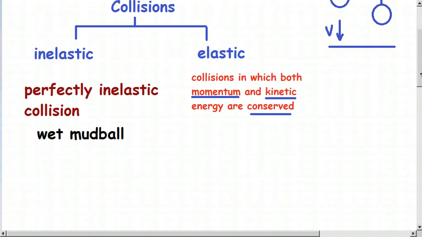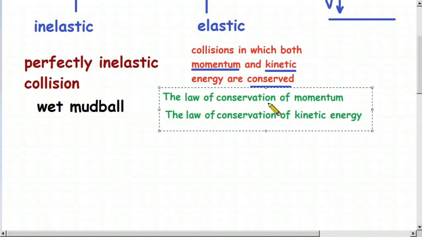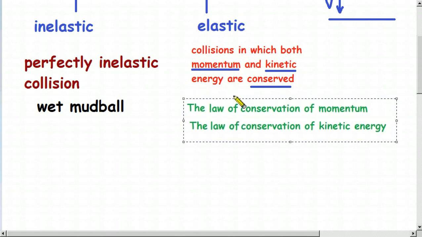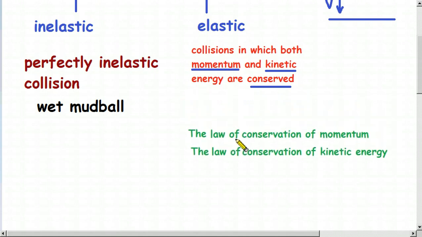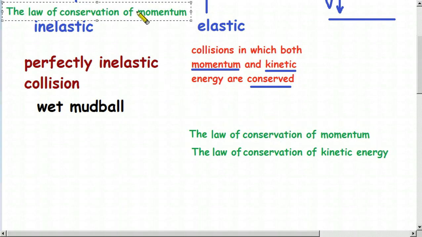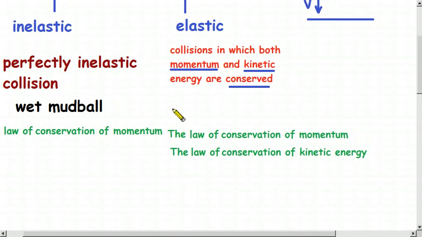So now we can write a note like this. We can apply both these laws to elastic collisions, but the law of conservation of momentum can be applied to both types of collisions.